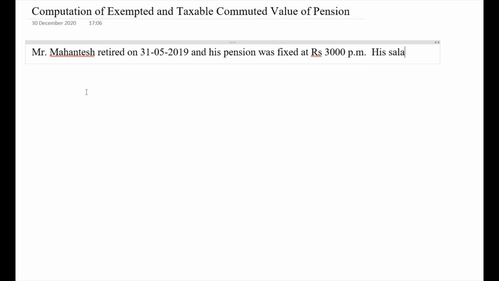His salary at the time of retirement was rupees 10,000 per month.